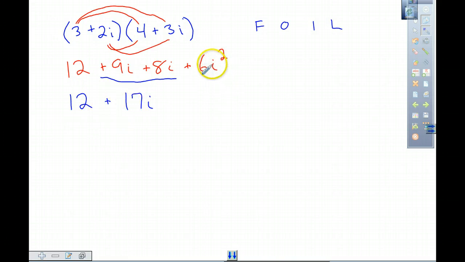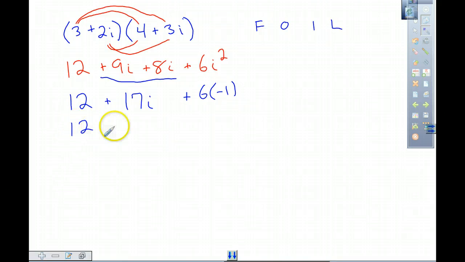Over here, what does I squared equal? Negative 1. I squared equals negative 1. So this is the new part that we didn't have to do before. Anytime you see that I squared, just like in those homework problems last night, you got to replace it with a negative 1.